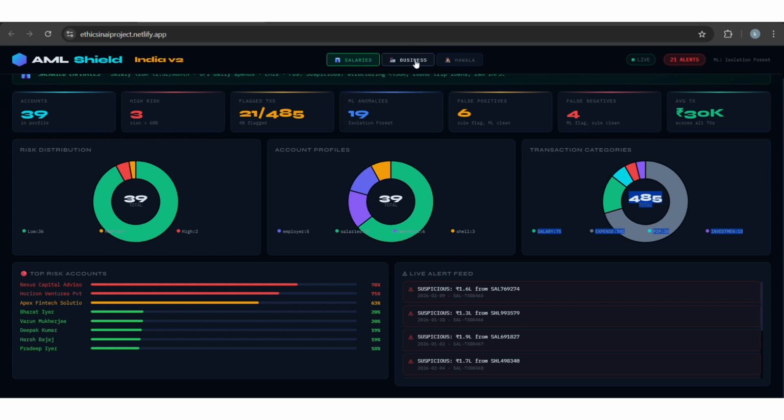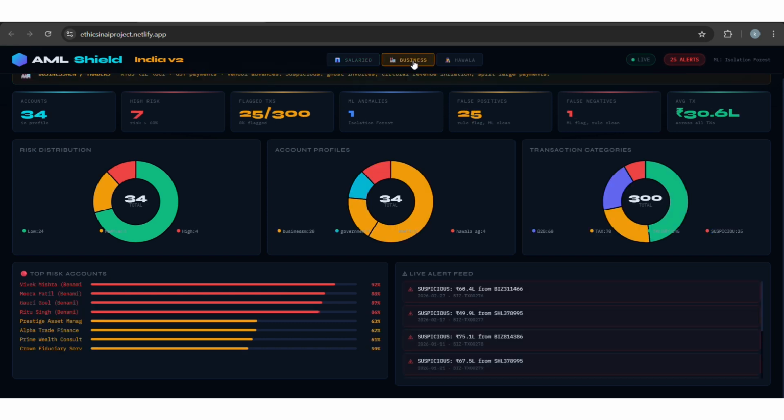Now, switching to a business profile. Observe how every panel updates simultaneously. The average transaction amount increases from 28,000 to 28 lakh, a factor of 100. The flagged rate increases from 4.3% to 8.3%.